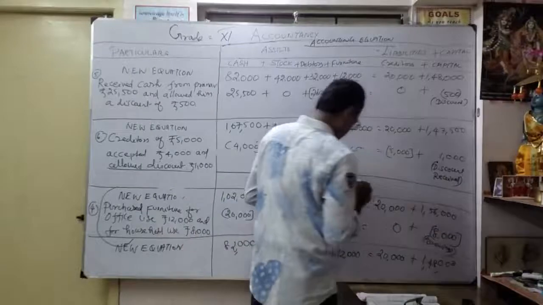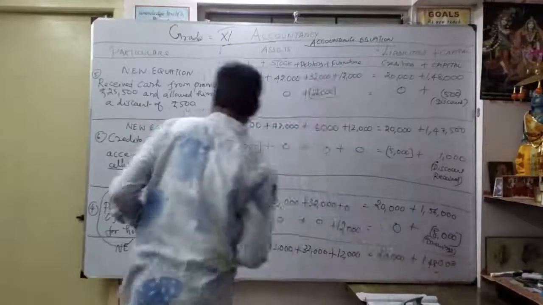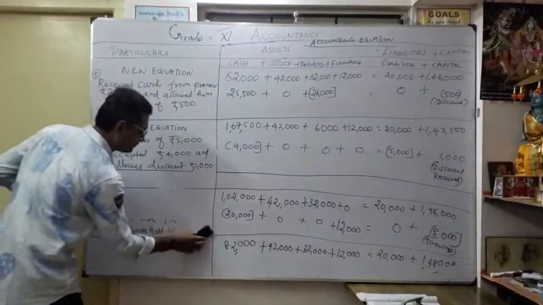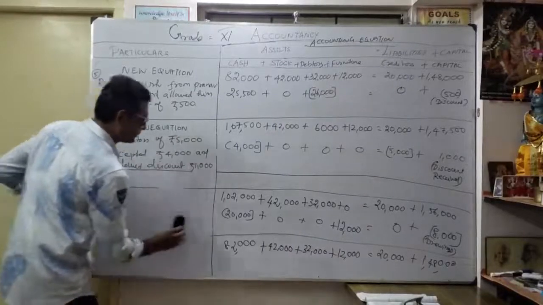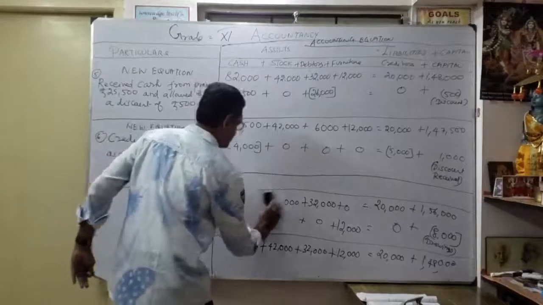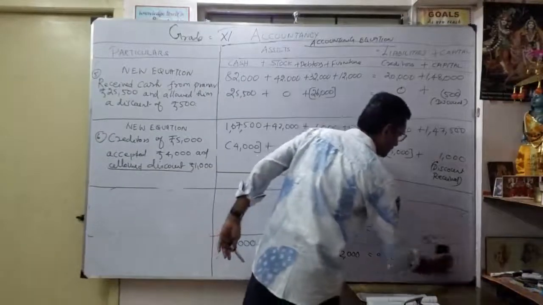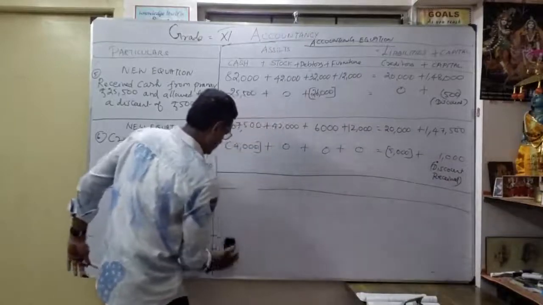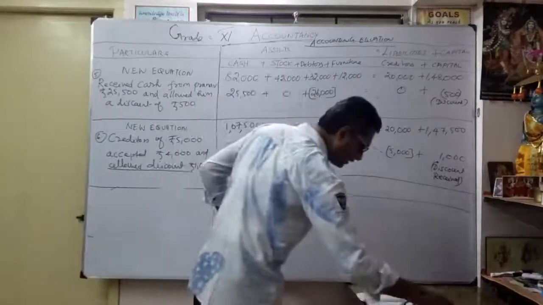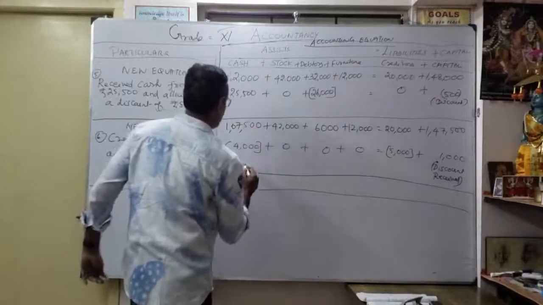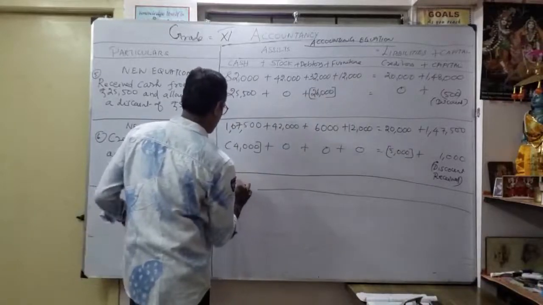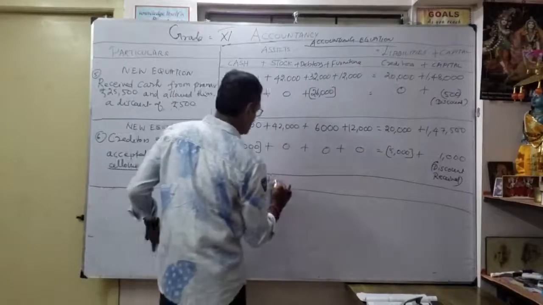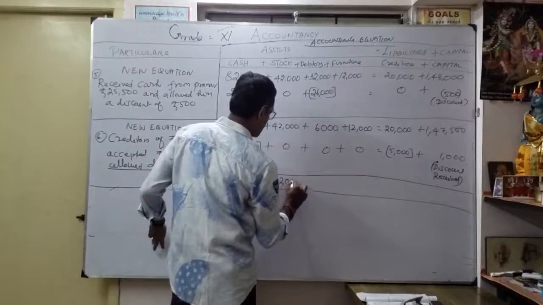So finally, all the transactions are over. Now we'll see what our final equation is. Okay, so now see what the final equation is. So my cash became now how much? 1,03,500. Okay, plus my stock becomes 42,000.